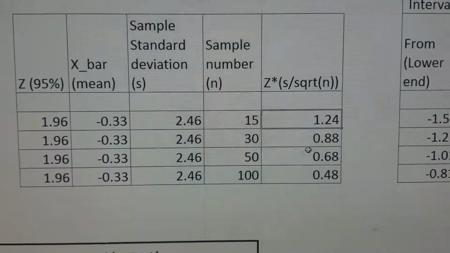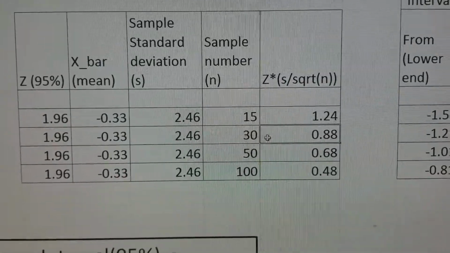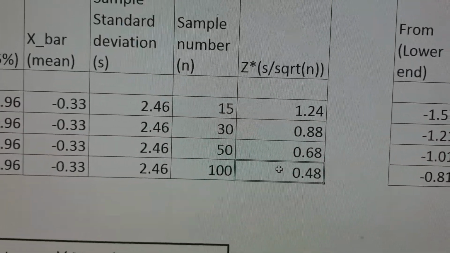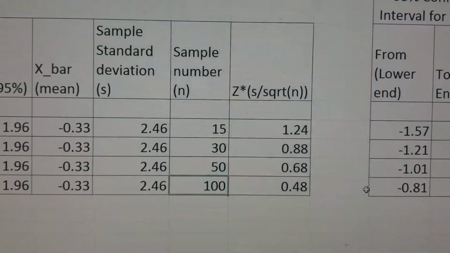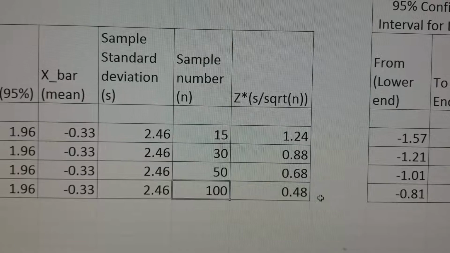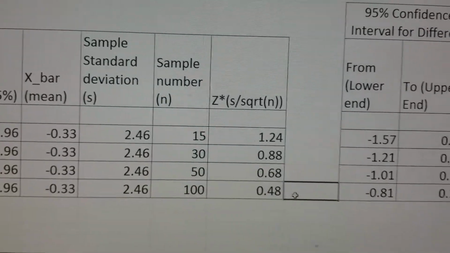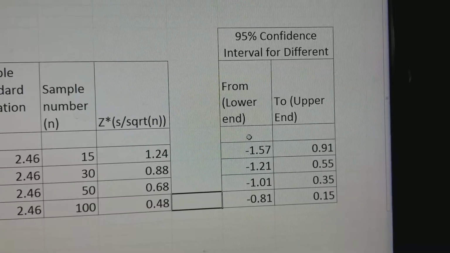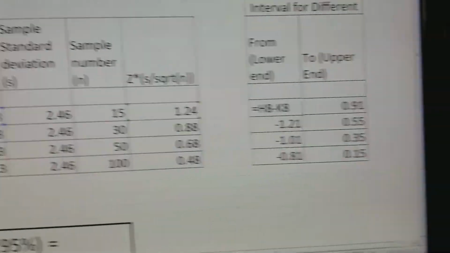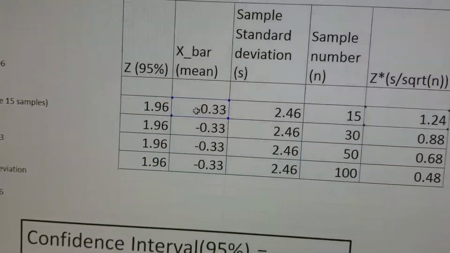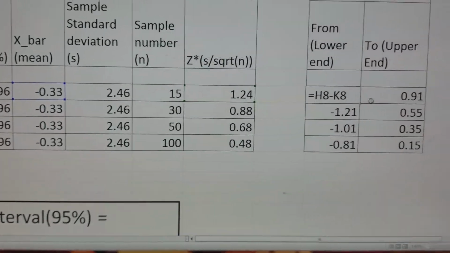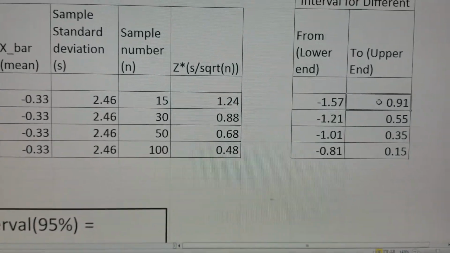So now the only thing that we could really see is that as n increases, this value of z decreases. And that makes sense, because as we have a larger sample size, the uncertainty on our value decreases. All that we're doing over here is taking our mean number and subtracting this difference, and over here we're adding that difference.